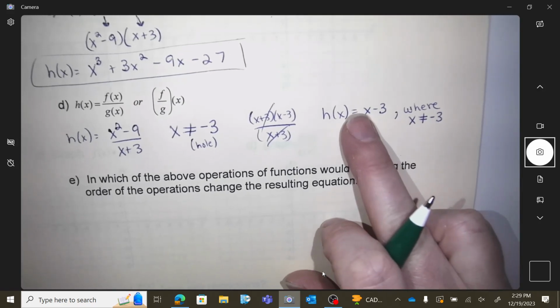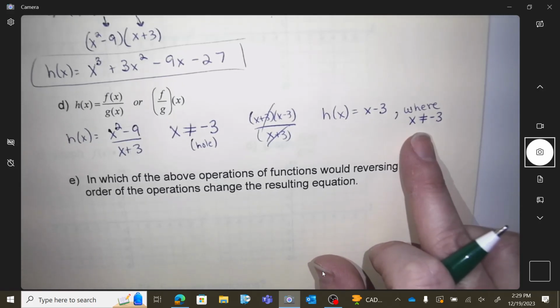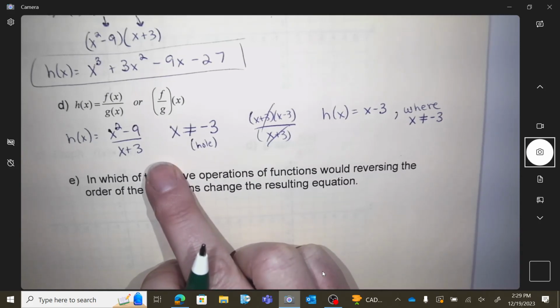So there's the simplified equation, but I should probably make a statement that I still have that restriction where x cannot be -3 still, no matter what.